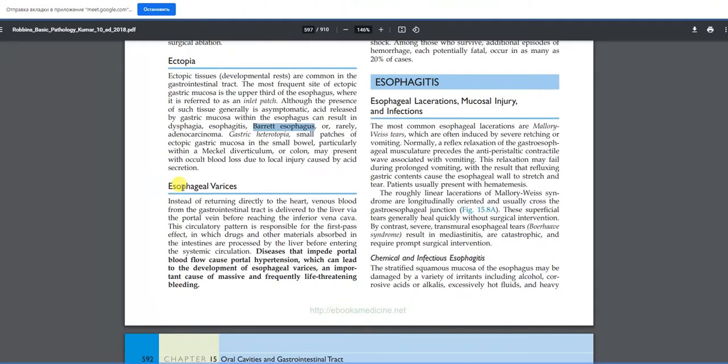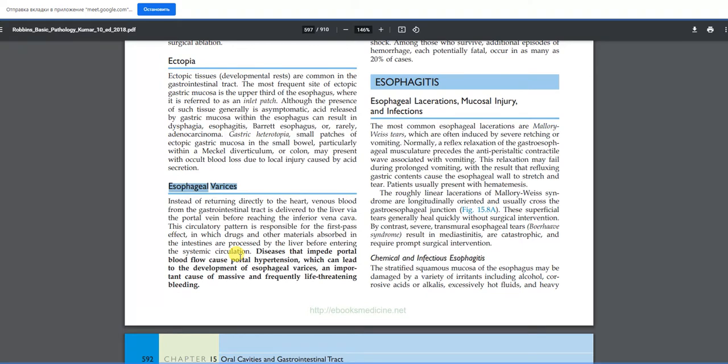Very important for us now is esophageal varices. Esophageal varices is an abnormal dilation of the esophageal veins. We used to hear about varices in the testes and in the lower limbs, but esophageal varices, what's the main cause of it? Esophageal varices are mainly caused by portal hypertension.